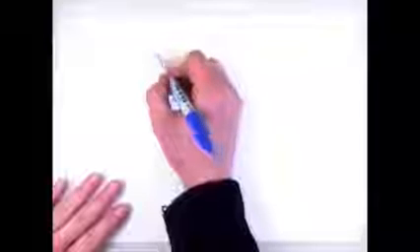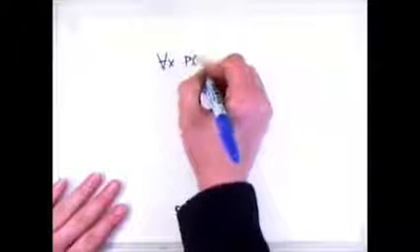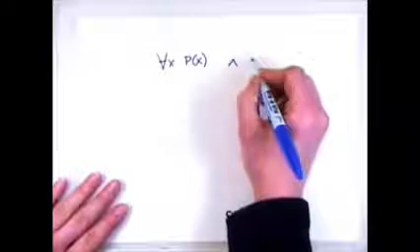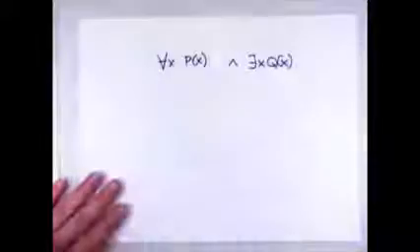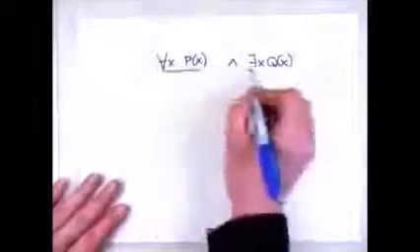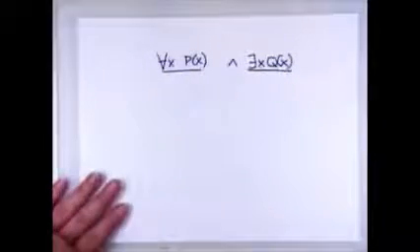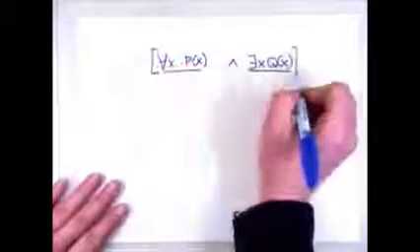Okay, and since these are propositions, they work just like other propositions. So once I've made a predicate into a proposition, I can use it just like I use regular propositions. For example, I could use De Morgan's with these. If I had for all x, P of x, and there exists x, Q of x, each of these values is a proposition. So I could apply rules to it.